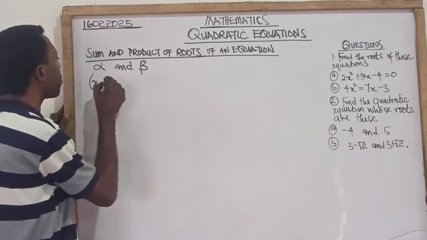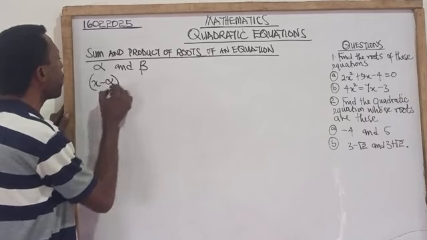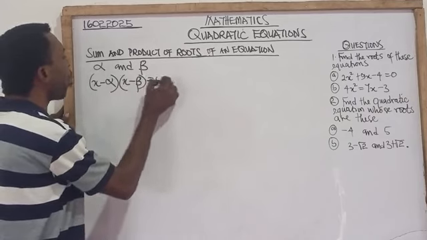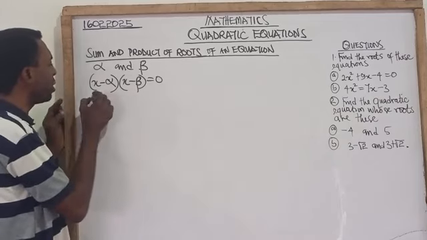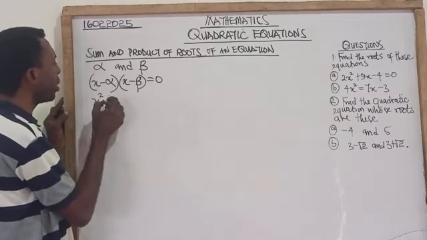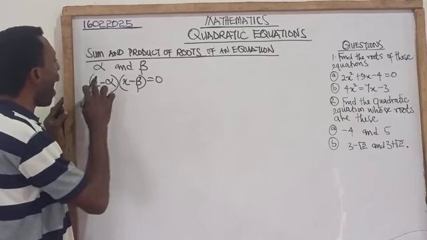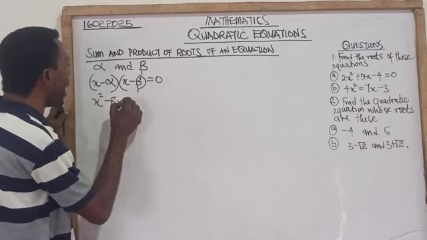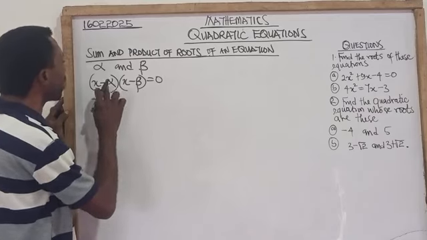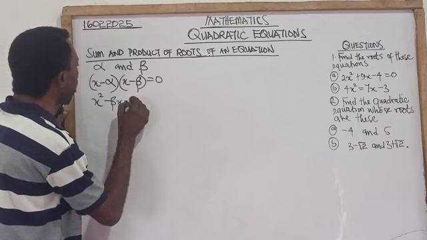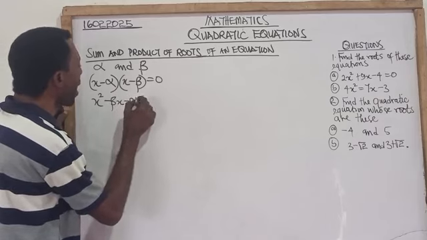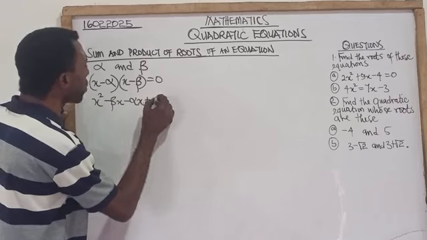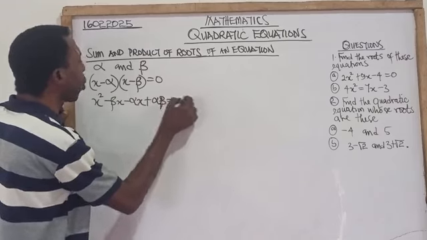We say (x minus alpha)(x minus beta) equals 0. When we expand this, we have x squared, then minus alpha times minus beta gives minus beta x, then minus alpha x, then minus alpha times minus beta gives plus alpha beta, equals 0.